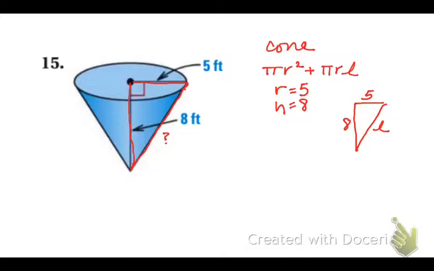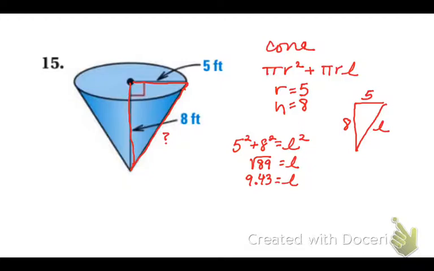So again, dear old Pythagoras, we get 5 squared plus 8 squared equals L squared. Okay, we figure all that out, and it turns out the square root of 89 is equal to L, and L is equal to 9.43, and I've rounded it to 2 decimal places.